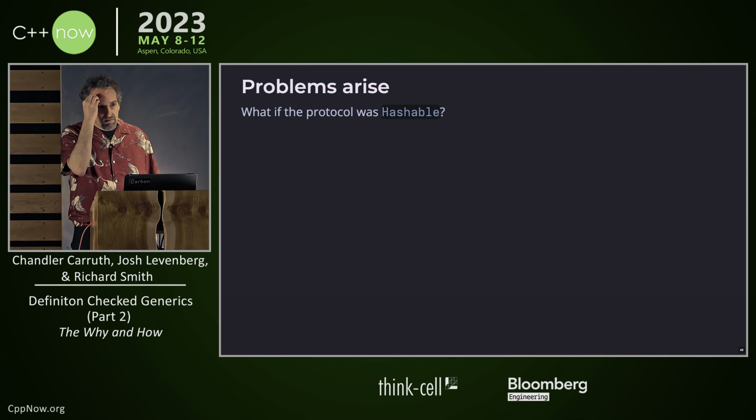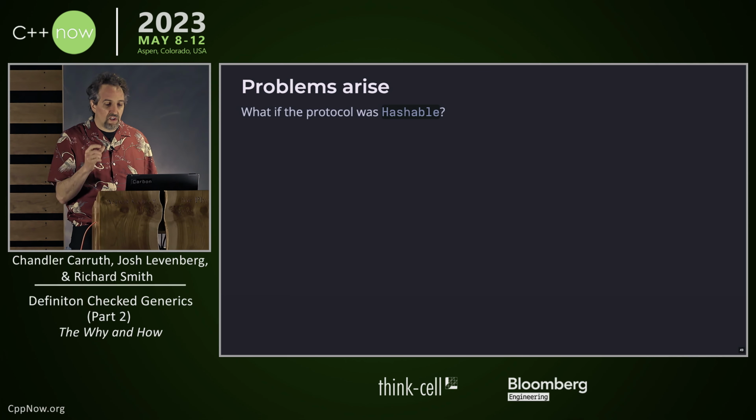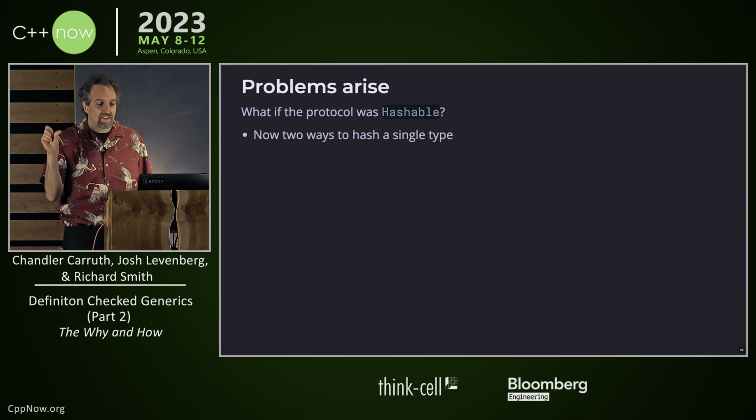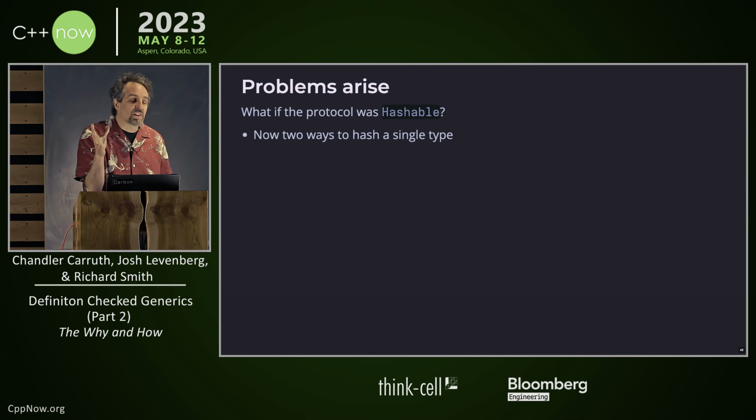So now, what if we had two modules that were interacting with the same hash table, and each module had a different implementation of hashable for a single type?